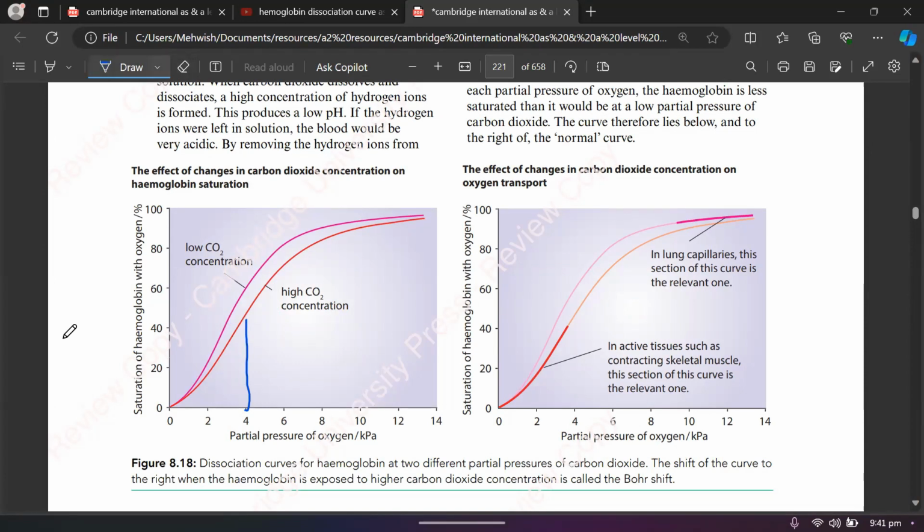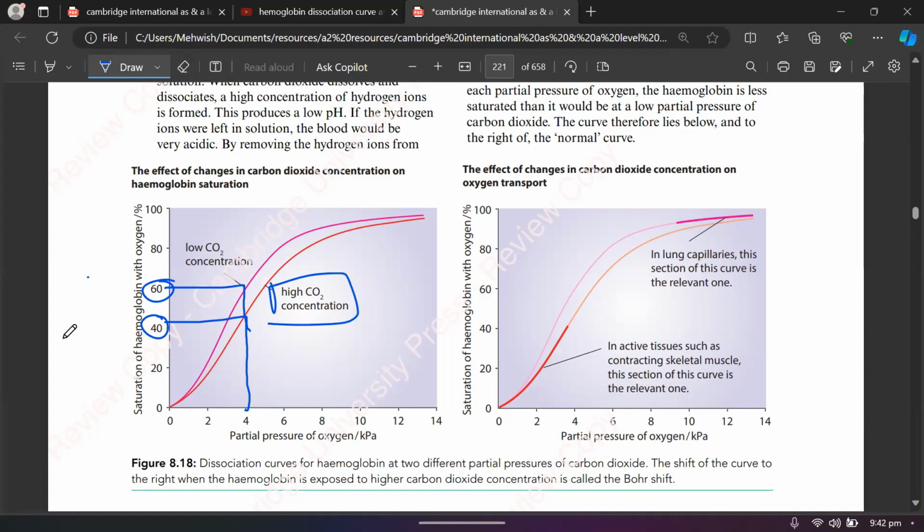So at this oxygen partial pressure of 4, at low carbon dioxide concentration, the hemoglobin saturation is this. At the same partial pressure of oxygen, at high carbon dioxide concentration, the hemoglobin saturation is this: 60% and 40% hemoglobin saturation, right? Why? Because at high carbon dioxide concentration, near the tissues, the oxygen's partial pressure is less.